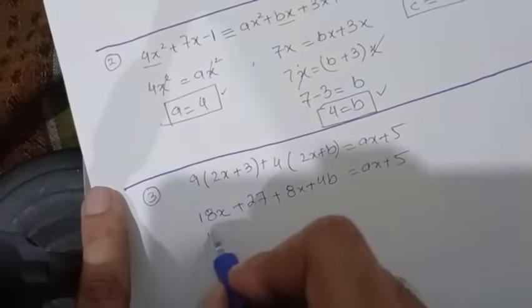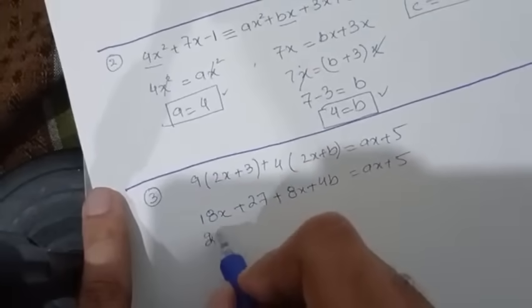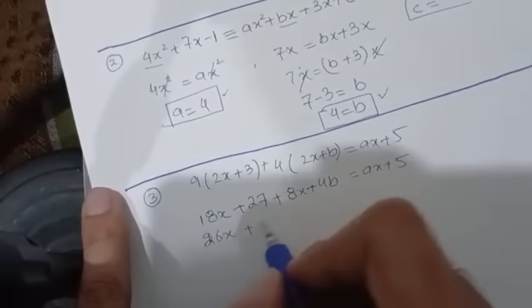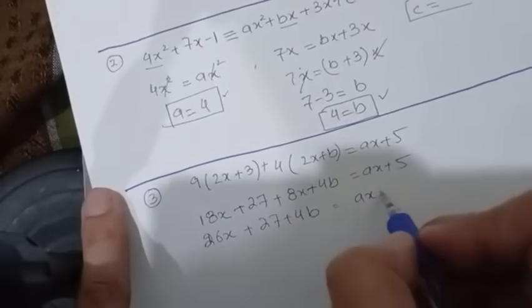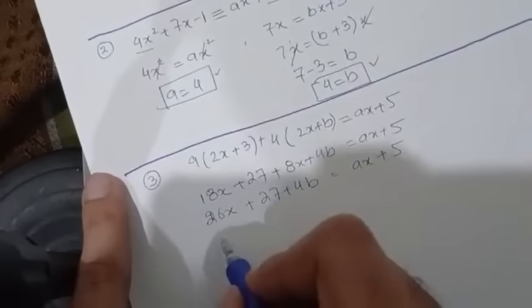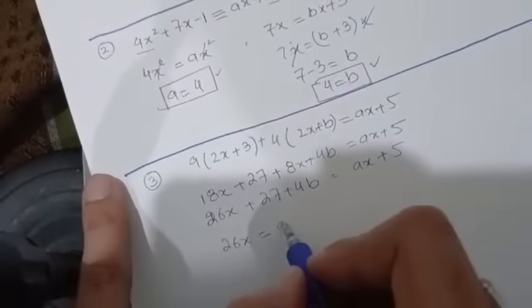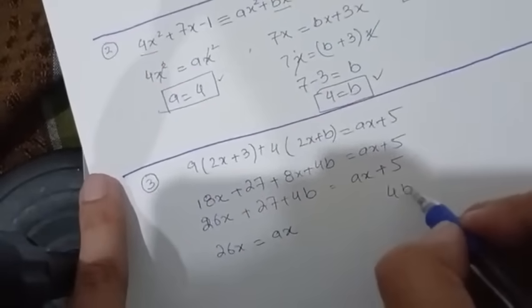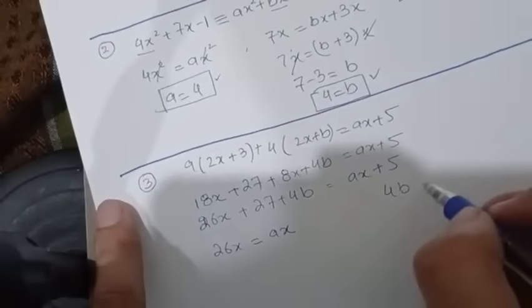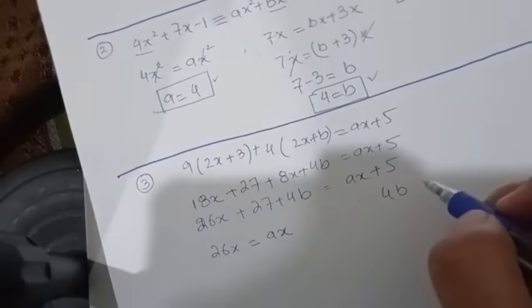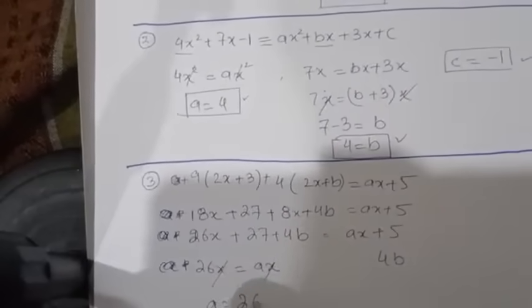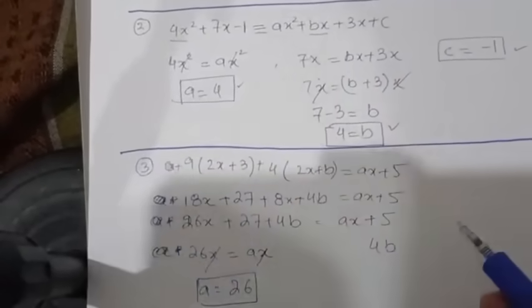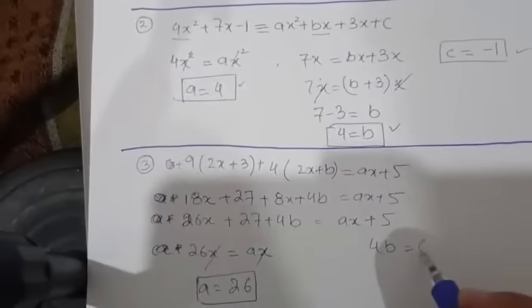Similarly, 18 and 8 will become 26x plus 27 plus 4b is equal to ax plus 5. 26x is equal to ax, 4b is equal to 0. Similarly, from this a will become 26 and the value of b is equal to 0.